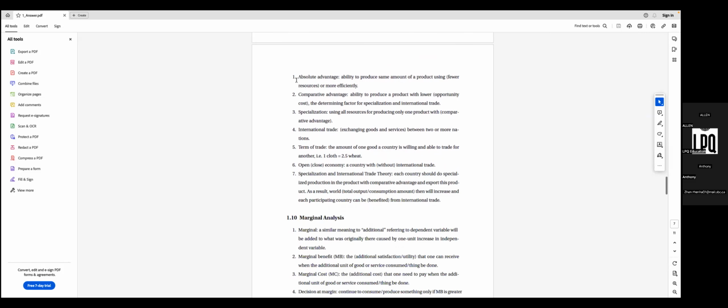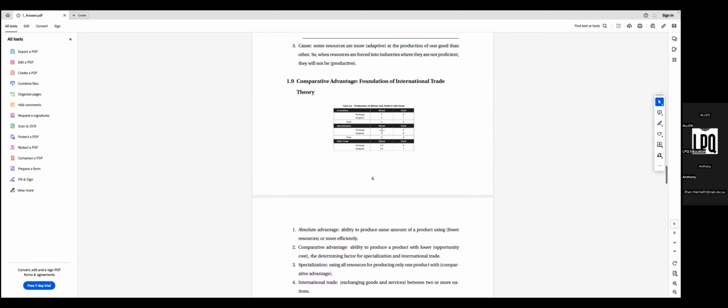Like how to calculate absolute advantage, how to calculate comparative advantage. What is specialization? What is international trade? What is the international term of trade? What kind of thing you should export? What kind of thing you should import? We learned all these things here.